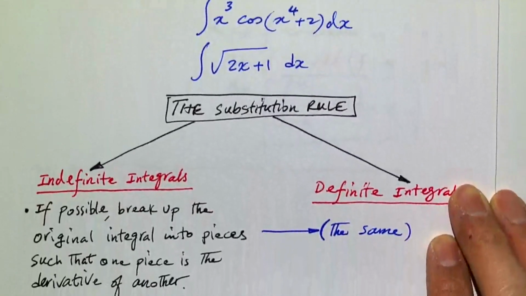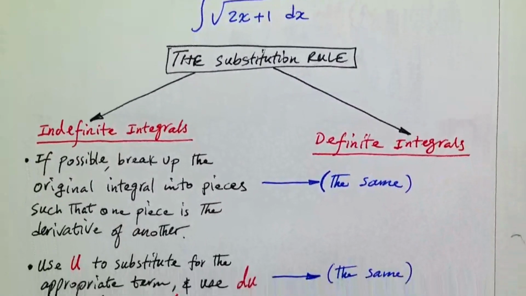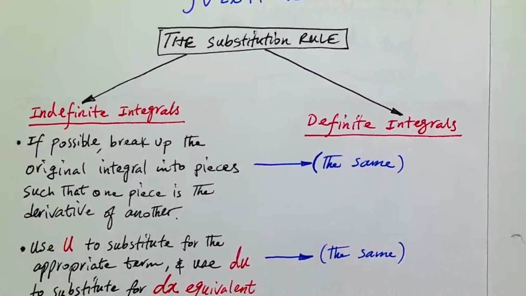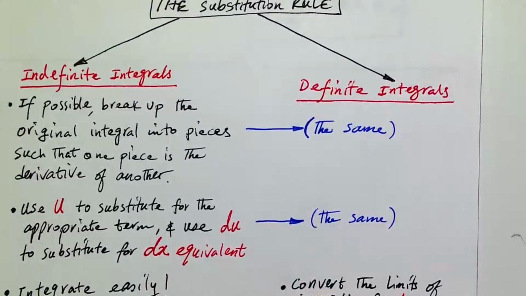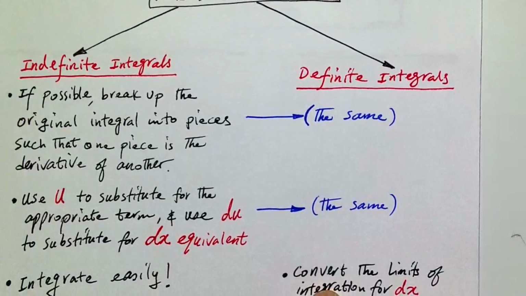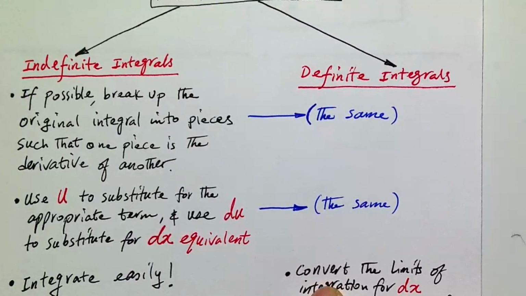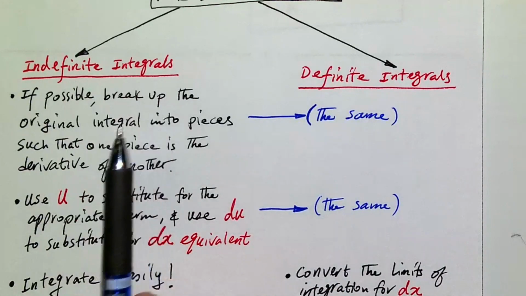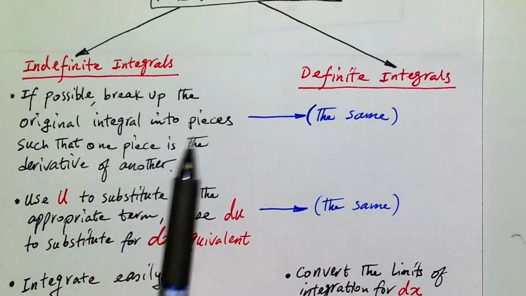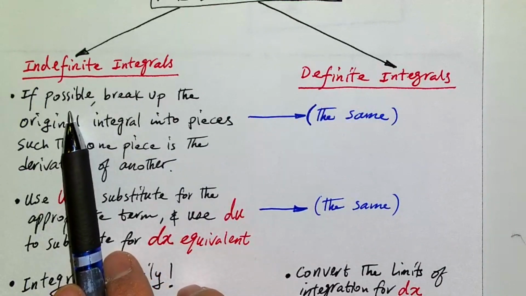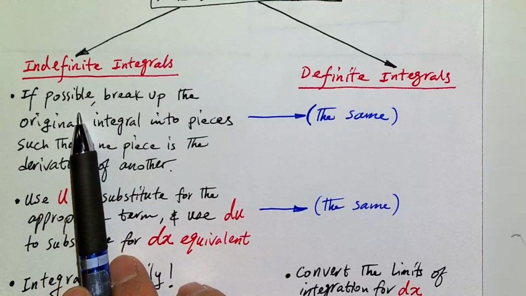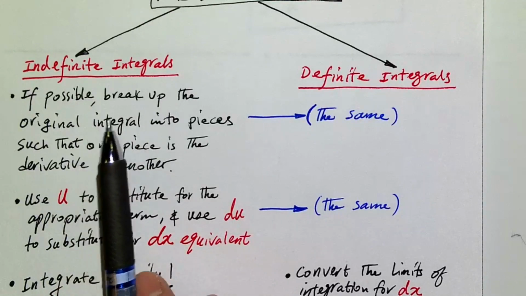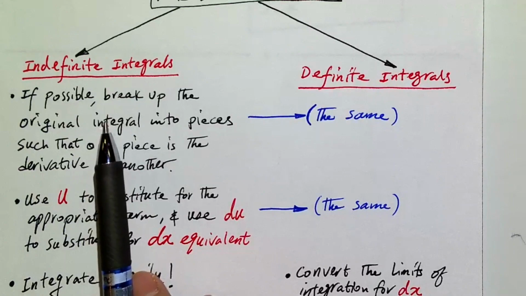The substitution rule can be applied to both indefinite integrals as well as definite integrals, as you can see as I move up this slide. If we have an indefinite integral, then if possible, we want to break up the original integral into pieces. When I say if possible, if it's not possible, then this integral is not going to be a candidate for application of this substitution rule.